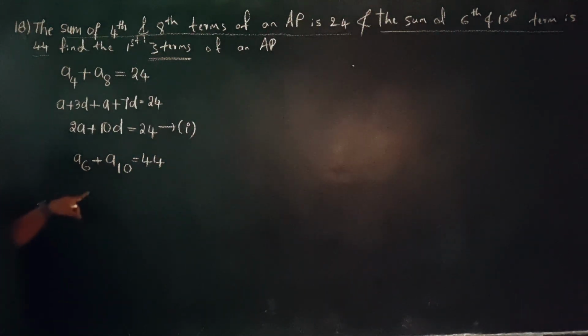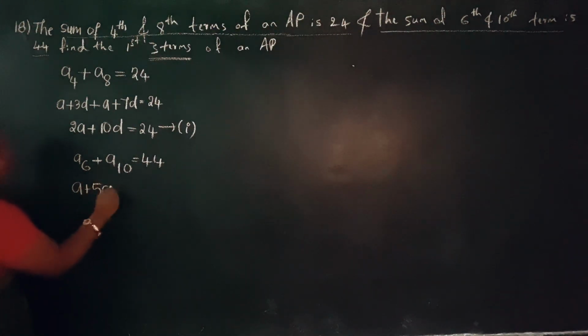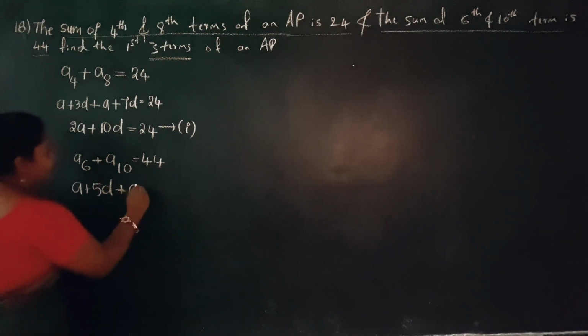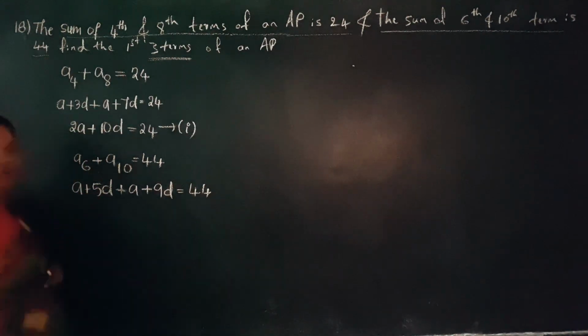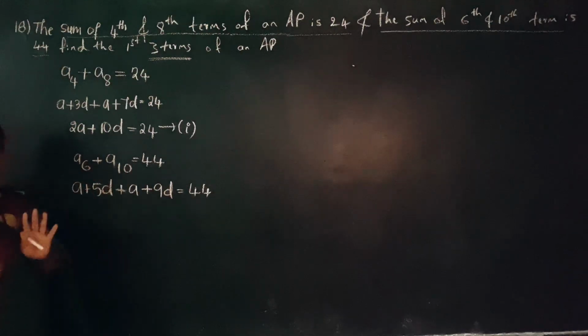Again I should write it in the simplified manner. How can I write A6? A6 can be written as A plus 5D. Okay, A10 can be written as A plus 9D, and the sum is equal to 44. Understanding? A plus 5D, A plus 9D, that is equal to 44.